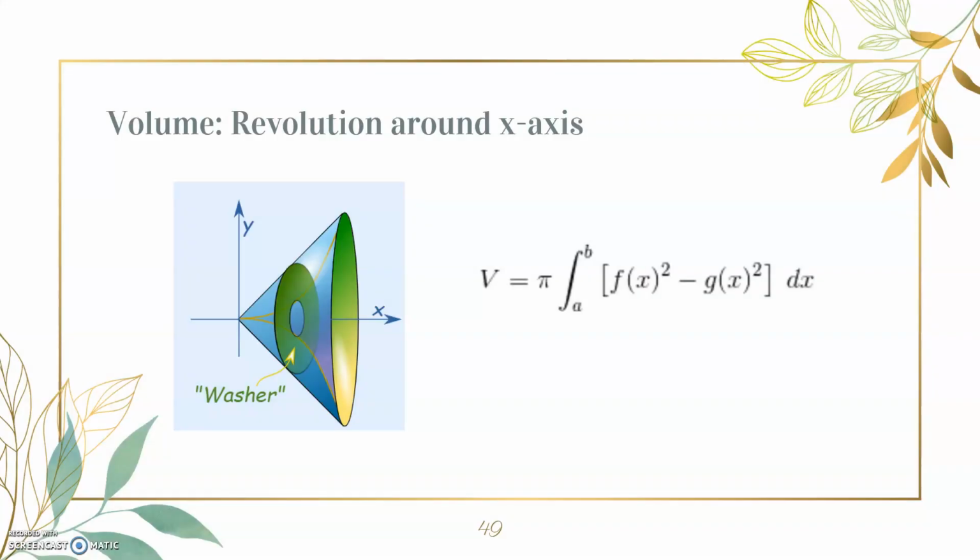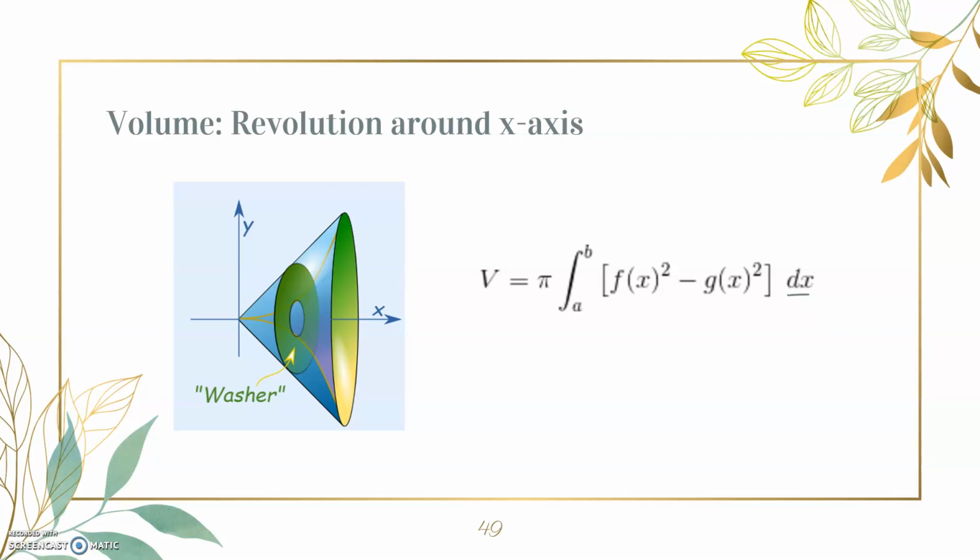We also learned about revolving regions around the x-axis or the y-axis, or even a different horizontal or vertical line. If you're going around the x-axis or any other horizontal line, then you would have dx's, and so all of your functions should be solved for y, and they should have x's in them.